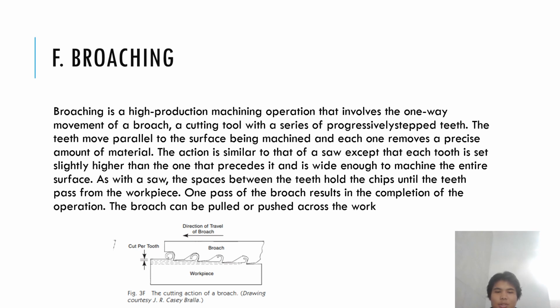The action is similar to a saw, except that each tooth is set slightly higher than the one that precedes it and is wide enough to machine the entire surface. As you can see here, each tooth cuts a small amount, and the last one cuts deeper.